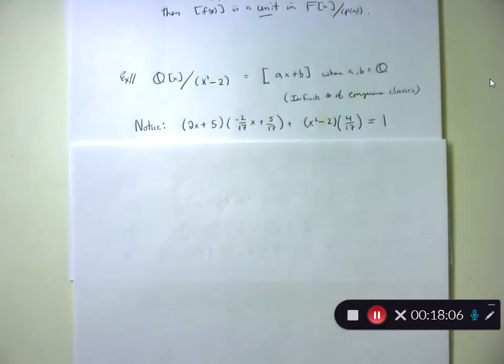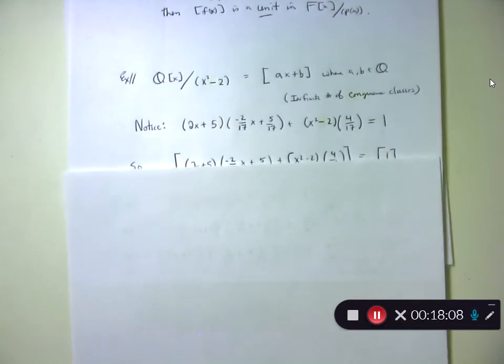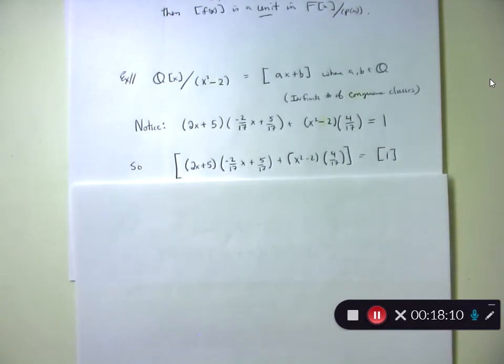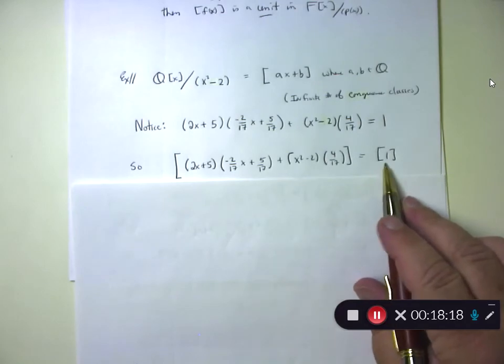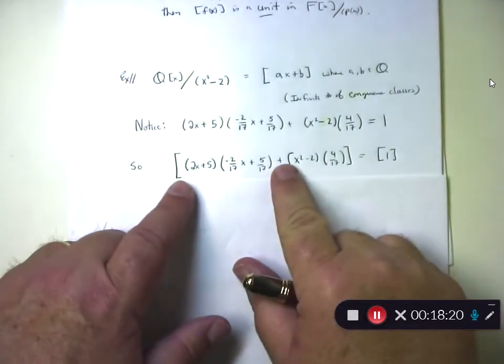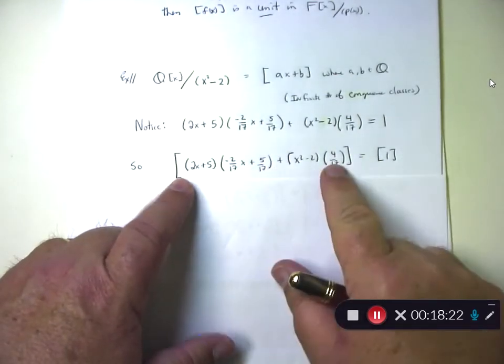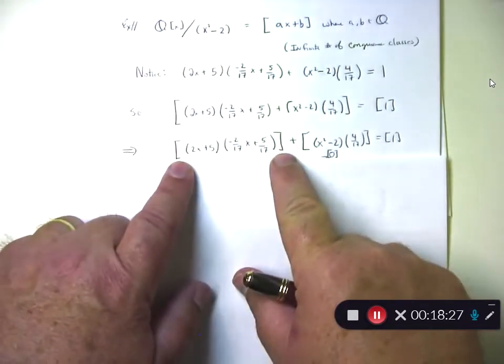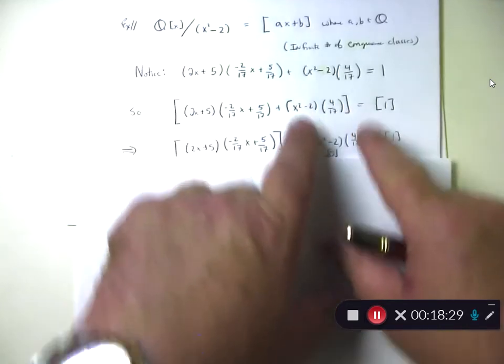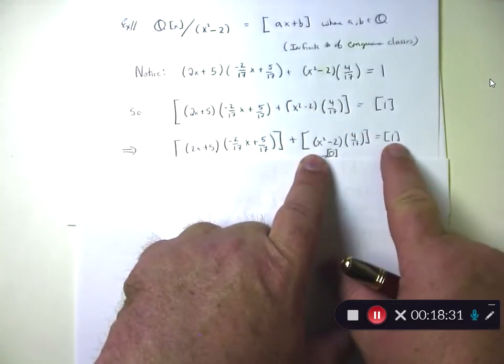So, noticing that, you start playing in the world of congruence classes. You just put a big bracket around everybody. Now everybody's a congruence class, and congruence classes have a wonderful property. Remember how to add congruence classes: you just add each part, so you can break up that congruence class. The congruence class of this plus the congruence class of this equals the congruence class of 1.